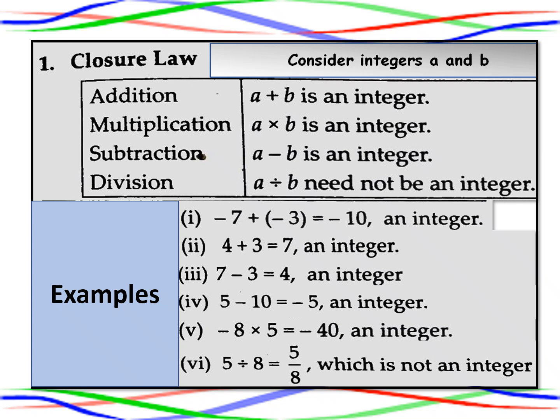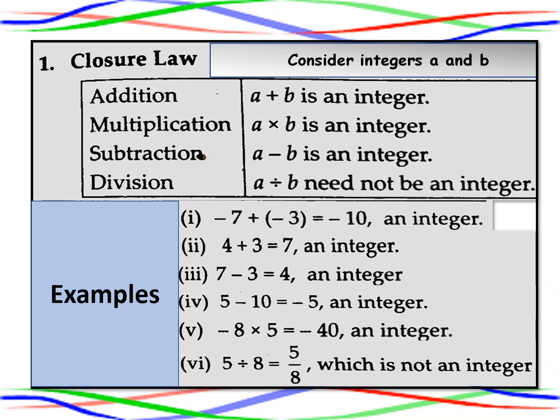Try to recollect the integers closure law or closure property. Considering integers a and b for addition, one example is shown here. Minus 7 added to minus 3 is minus 10, an integer. Another, 4 plus 3 is 7, an integer. 7 minus 3 is 4, an integer. Subtraction, yes. Another example for subtraction, 5 minus 10 is minus 5, an integer.